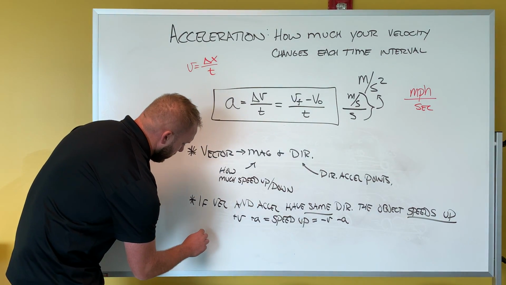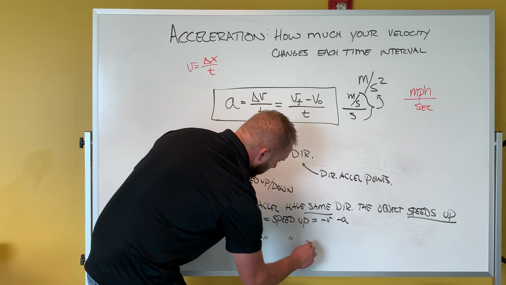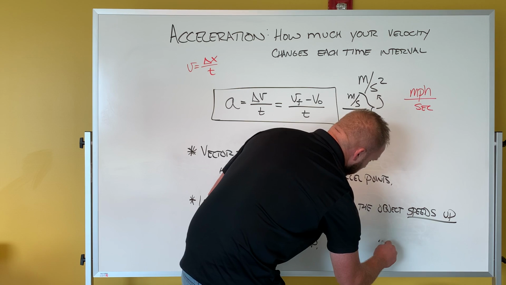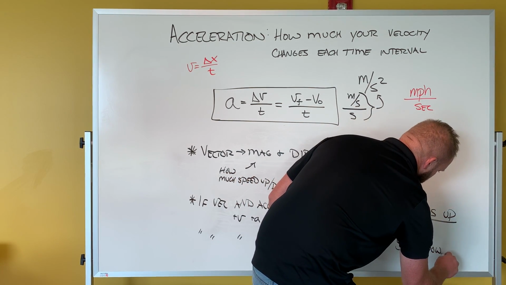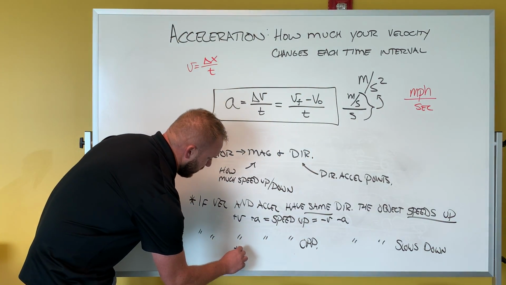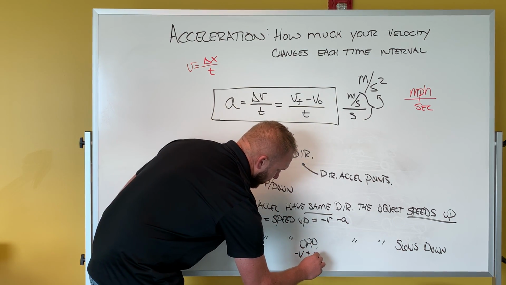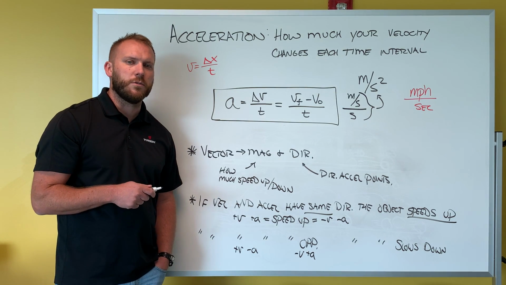If velocity and acceleration have the opposite signs, the object slows down. So when we have a positive velocity and a negative acceleration, or a negative velocity and a positive acceleration, those are both going to be instances where an object is going to slow down.